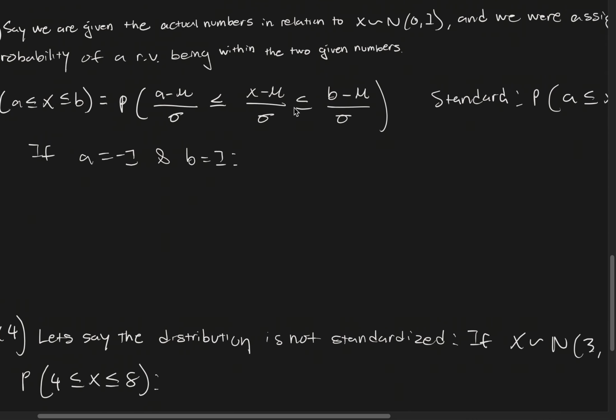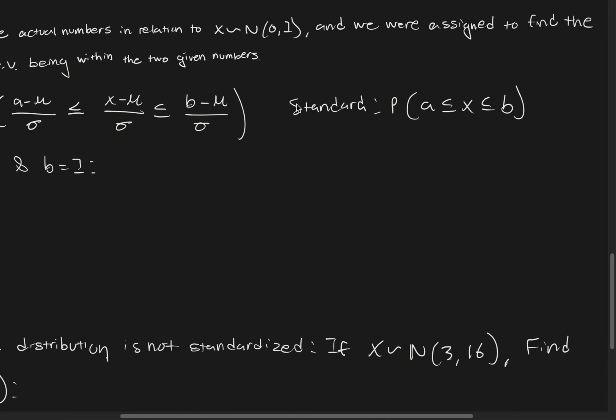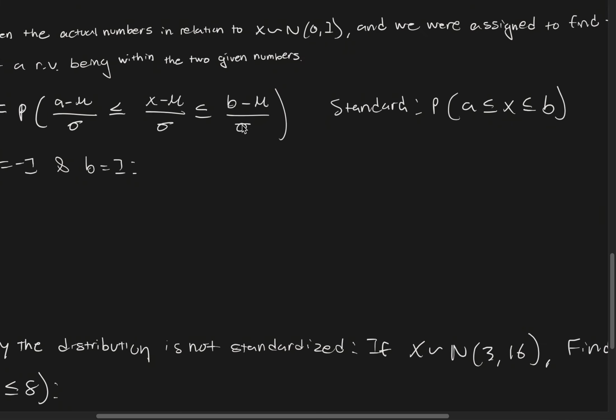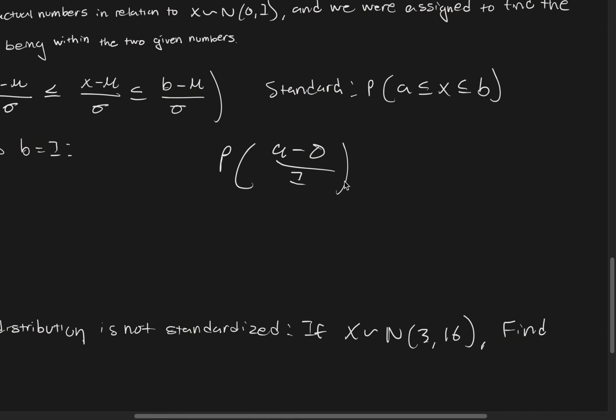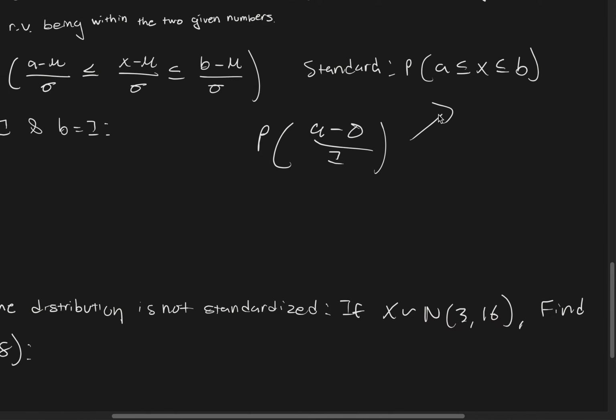And notice the reason we do that is because if we're using a standard normal distribution, then mu is 0 and the standard deviation is 1. And so that just comes out to be this function right here.